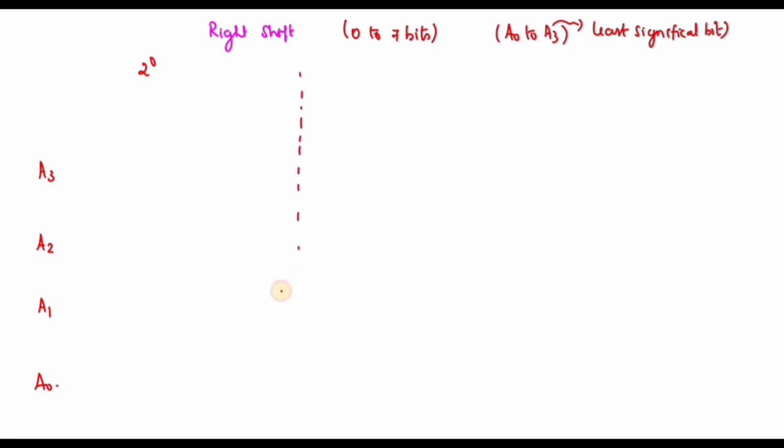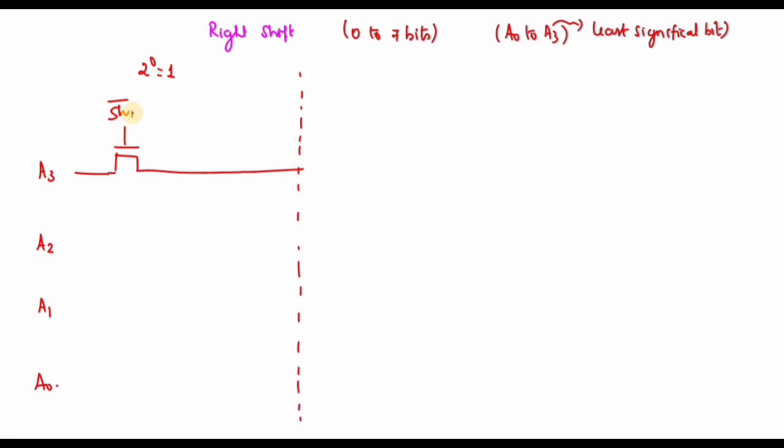I have already told you this is the 2 power 0 value, so this is my first stage. In the first stage, two shift operations can be performed. Let me call one of them sh1 bar. 2 power 0 represents 1, right?